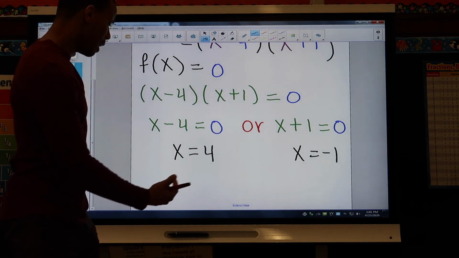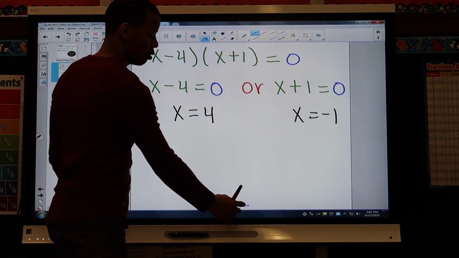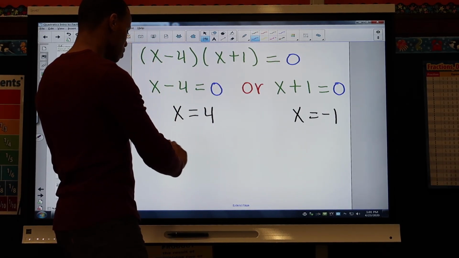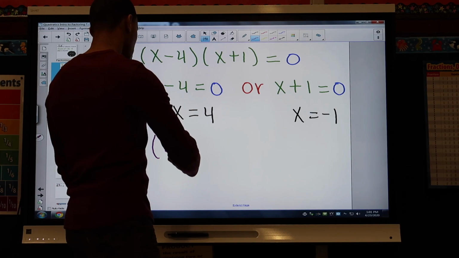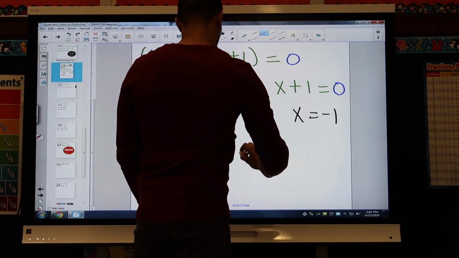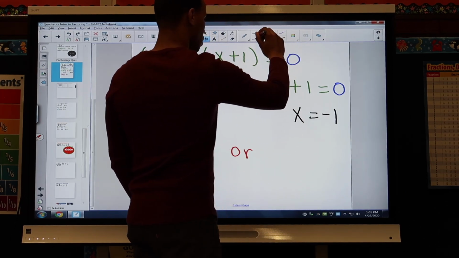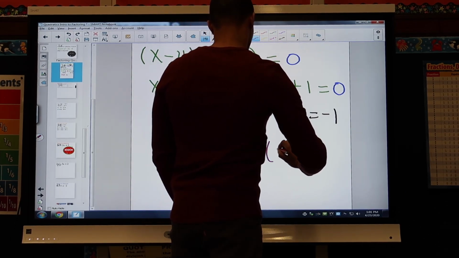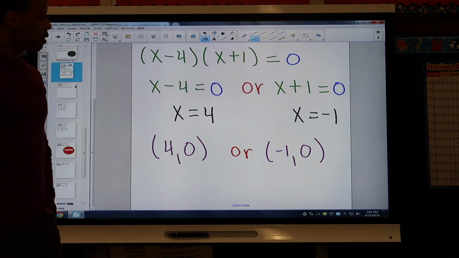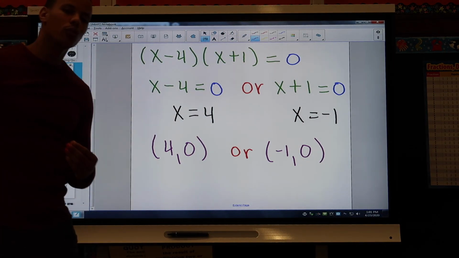So now that kind of gave us a point, or 2 points. So now that means that your function is equal to 0 when x is equal to 4, or -1, 0. So now notice, what have we found?